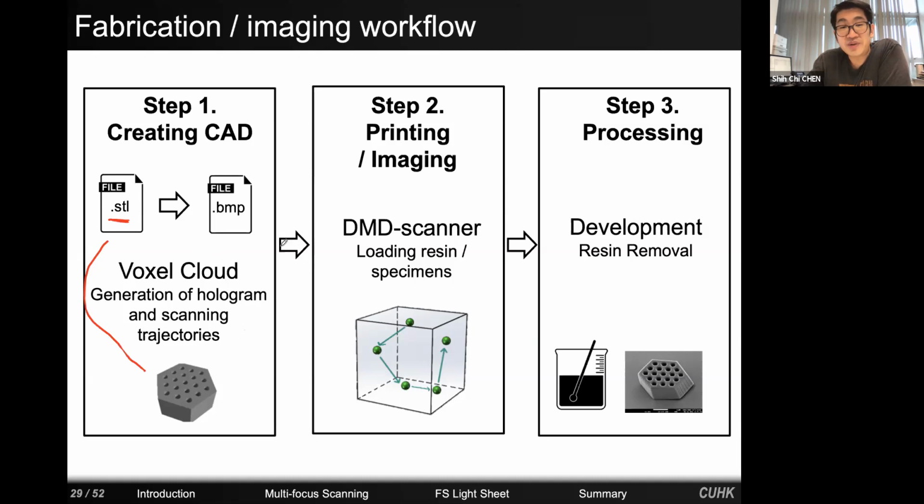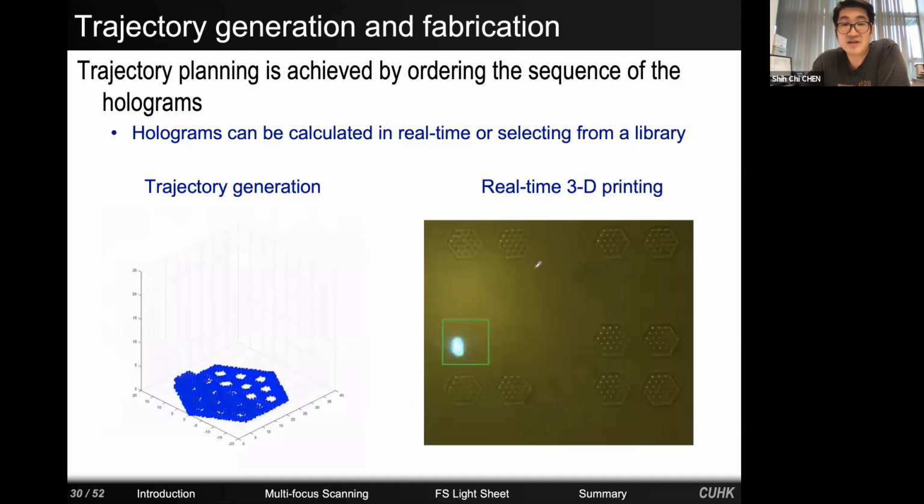Once you have the hologram, you load it to the DMD memory, and it's going to automatically sweep through the holograms on the DMD, and the focal point is then scanned accordingly. After that, we develop the written structure and get the 3D parts done.